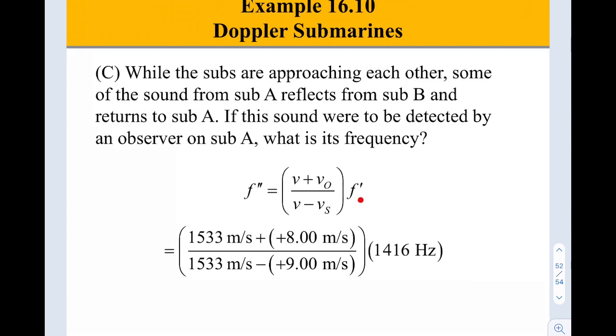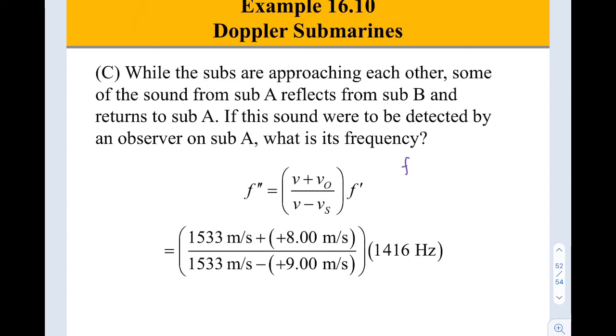The frequency of the source is F prime, the one that was heard, because it's being reflected at B and then received by A, isn't it? So the heard frequency by the observer in submarine B is going to be the source that is received by submarine A.